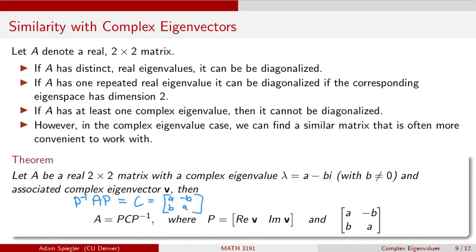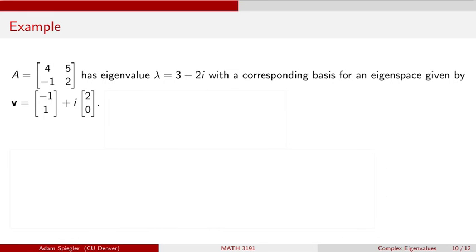So let's take a look at what all of these matrices are going to be in the example we've been working with so far. We had a 2 by 2 matrix A where the first column was 4, -1 and the second column was 5, 2. And one eigenvalue of this matrix was lambda equals 3 minus 2i. And the other, therefore, was lambda bar equals 3 plus 2i.